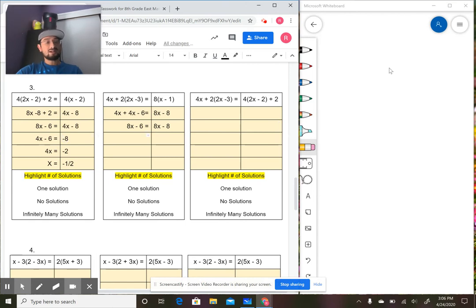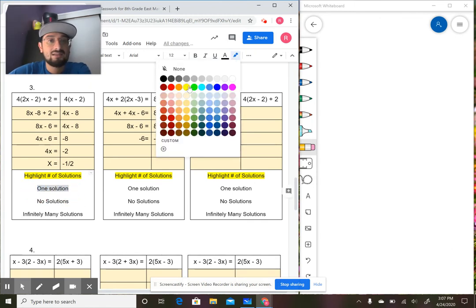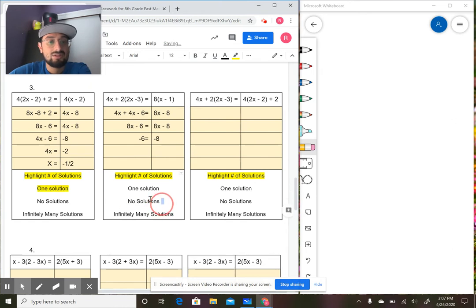And then you subtract the 8x on both sides. You get negative 6 equals negative 8, which is a false statement. So that's going to be no solution. That means that they're parallel lines that never cross. So this is going to be a 1 solution. Forgot to highlight that. This is a no solution.